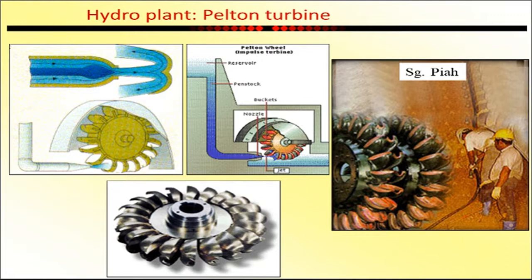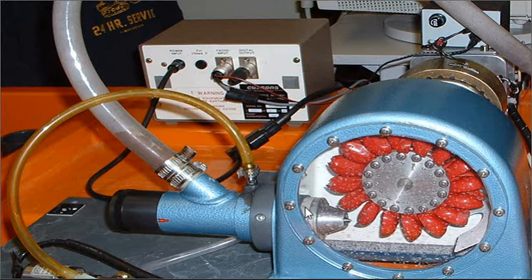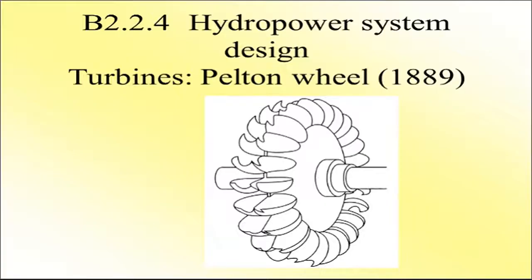The actual turbine setup is very large in size as compared to this, and this is the nozzle. So penstock, nozzle, buckets. Yes, this is the nozzle, and there is a spear rod assembly to control the flow of water.